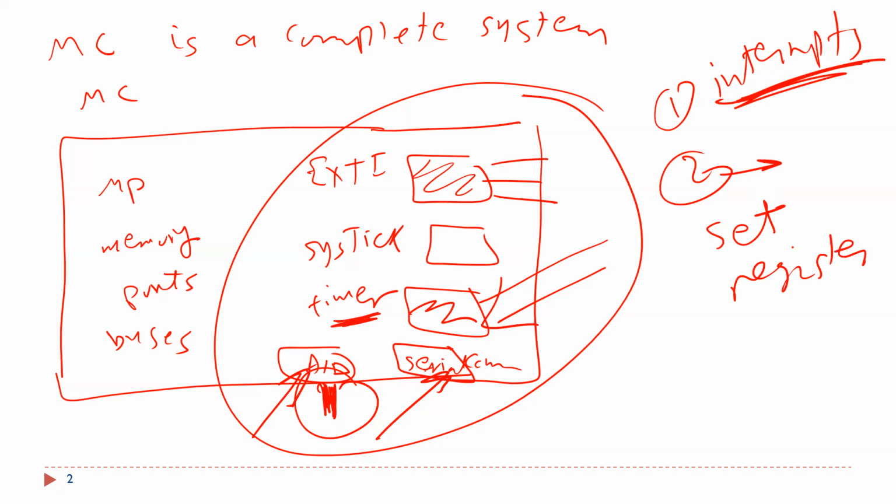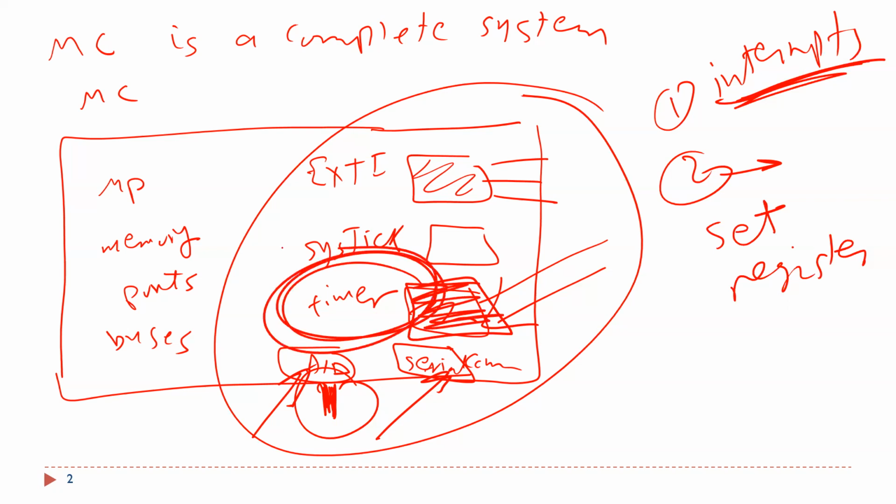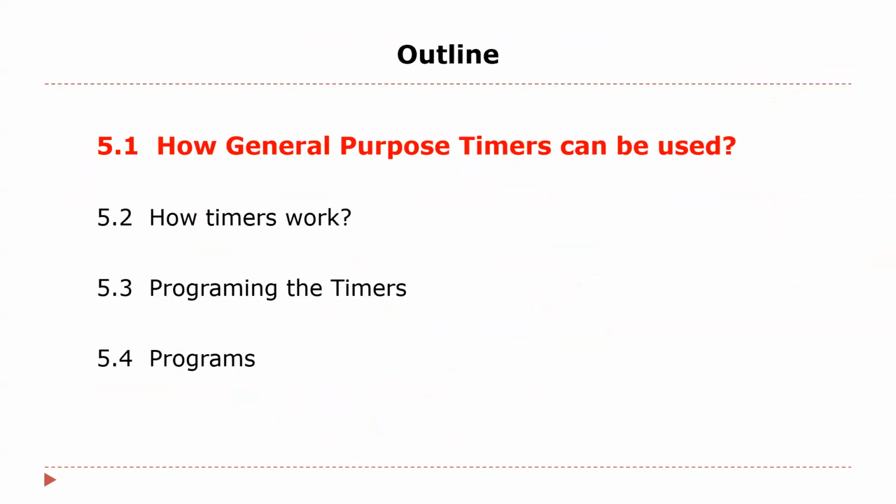Okay. So anyway, today I'm going to start. We have a hardware circuit for the timer. I'm going to explain in this chapter, number one, what a timer is, how we can use it, and how we can program it, and give us programs. This is exactly what I'm gonna do in this chapter.